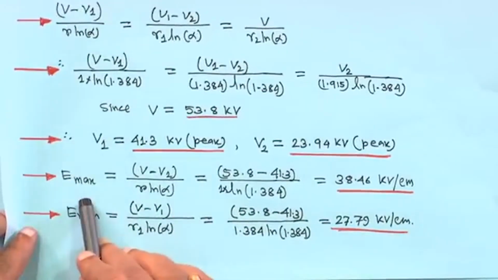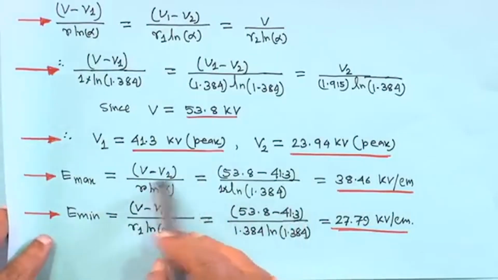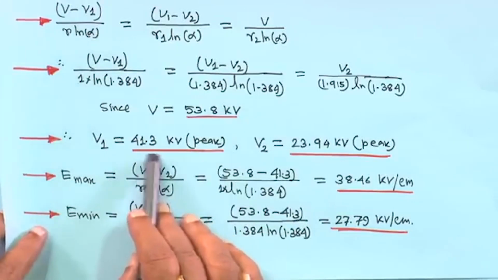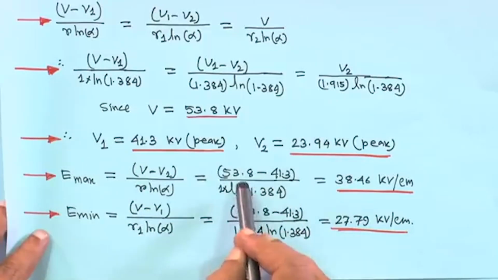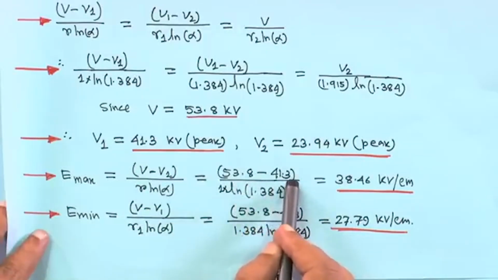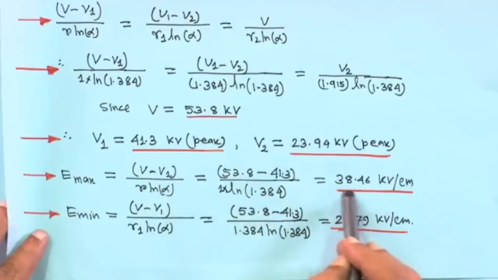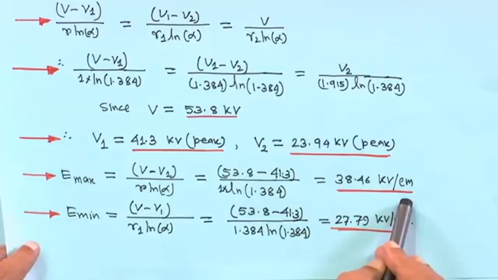Therefore, Emax will be (V minus V1) upon r ln alpha. So, V is 53.8 and V1 is 41.3, because it is near the surface of the conductor. So, it will be 53.8 minus 41.3 divided by r is 1 ln 1.384. So, it is coming 38.46 kilovolt per centimeter.